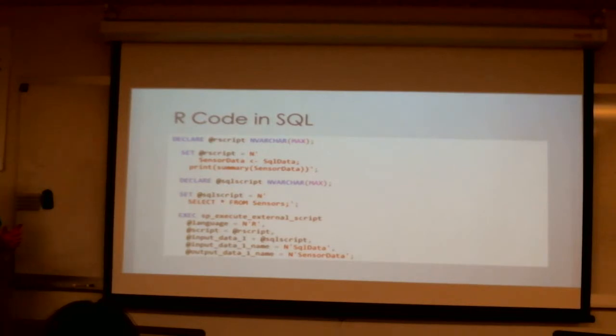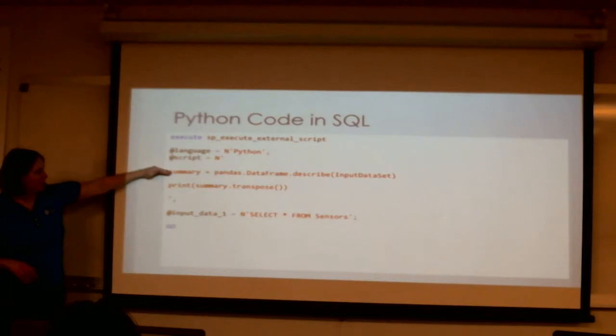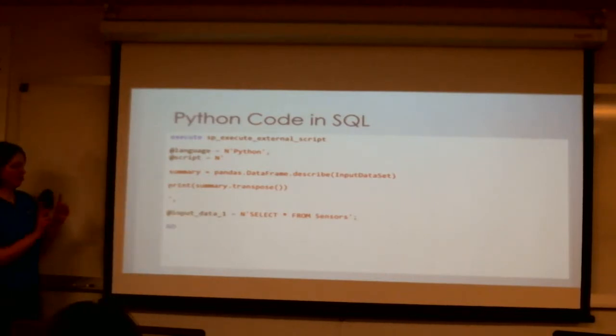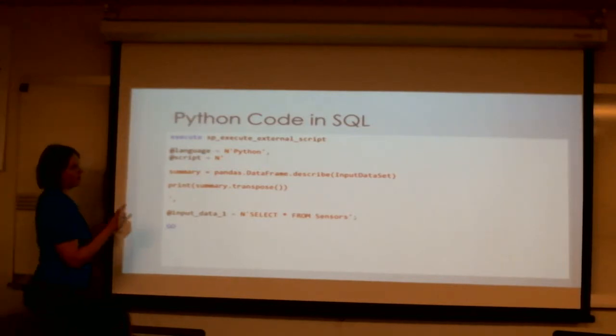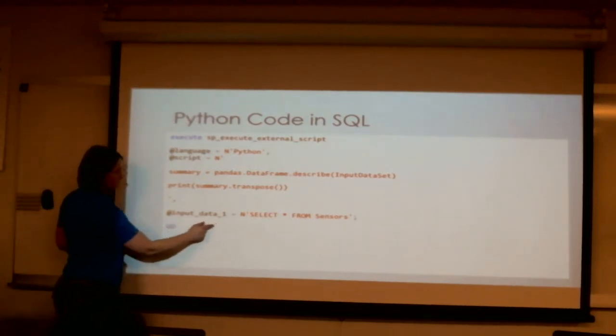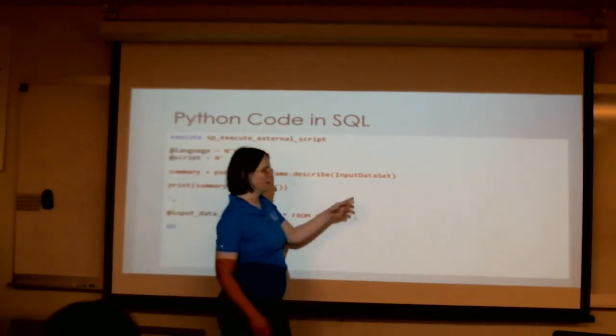So I could very well have said, for this, to have a Python script, have a SQL script variable, and then put those variables on here. But basically when I'm dealing with Python, I'm using input_data_1. Because I'm not telling it the data name, it's going to use this input data set.